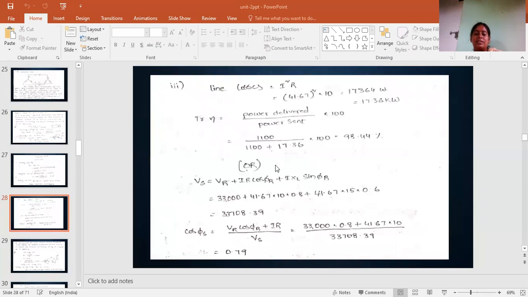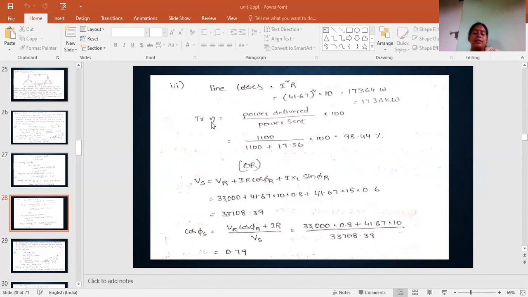And the third one is the efficiency. For the efficiency, we can find the losses. For the line losses, the formula is I square R. We know the I value is 41.67, substitute here with R equal to 10, and multiply to get 17,364 watts, which can be rewritten as 17.36 kilowatts.